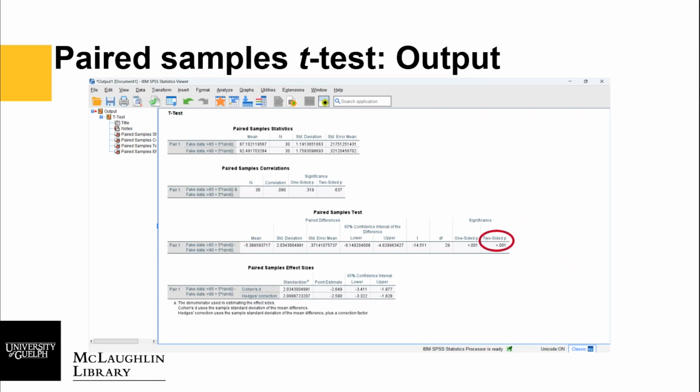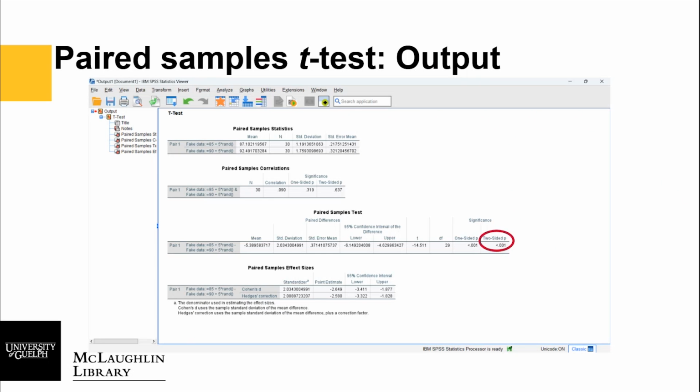And what we can do is look up at that first table I talked about and look at the means to see which one is higher than the other. The p-value tells us they are different. The means can tell us in which direction. So our fake data 1 variable has a mean of 87.1, and our fake data 2 variable has a mean of 92.5 if you round that. So this means fake data 2 is higher than fake data 1, and that's backed up with our p-value.